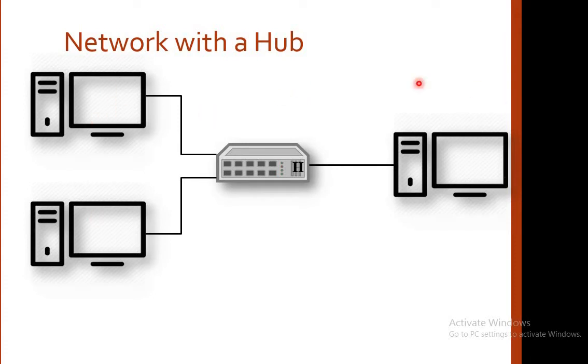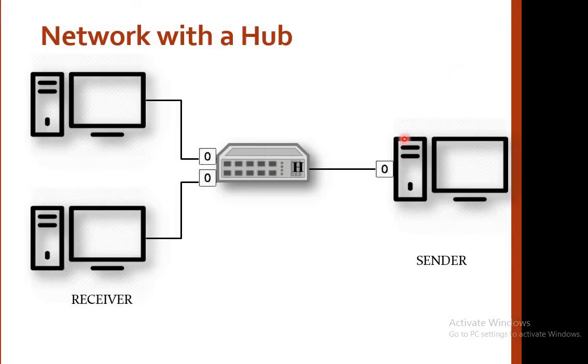So here is a network with a hub. We have three devices connected to each other with the help of a hub. This is the hub device. In the first example, this particular computer acts as a sender and these two act as receivers. Now from the sender the data is transferred. What will the hub do?